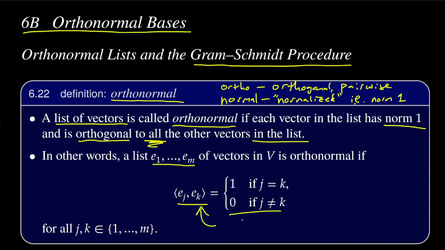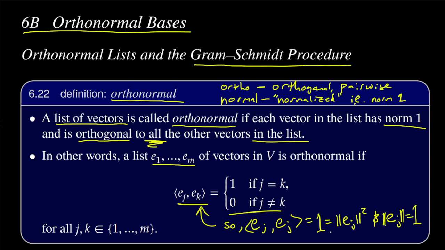The inner product of EJ with EJ is equal to 1, which is equal to the norm of EJ squared. And the only positive real number that you can square to get 1 is 1. So EJ has norm 1. Pretty cool.